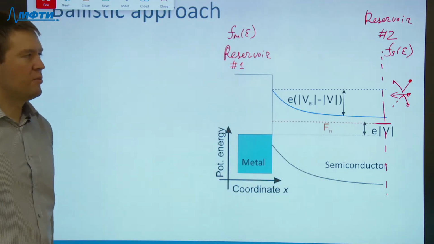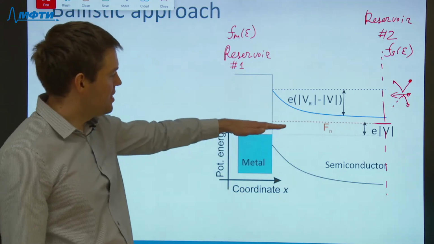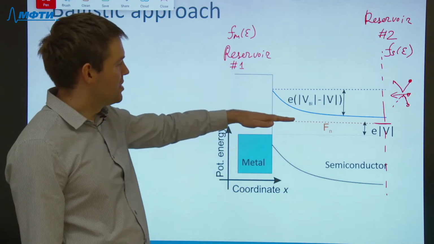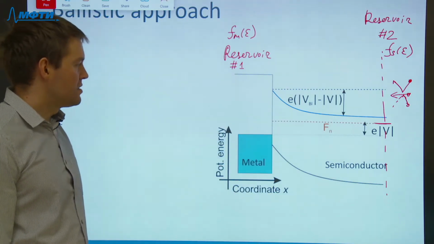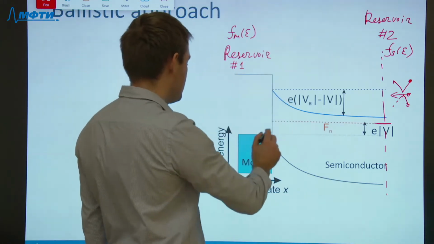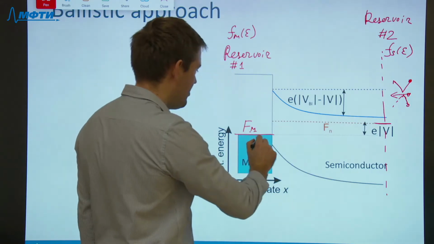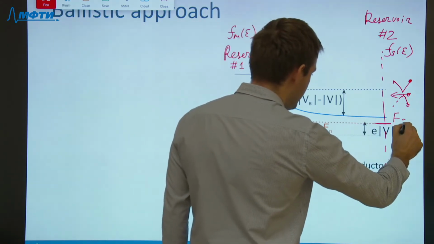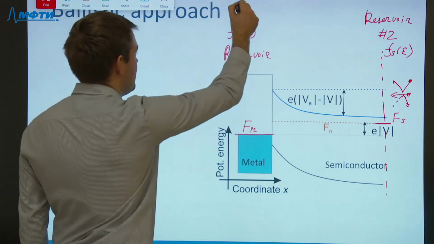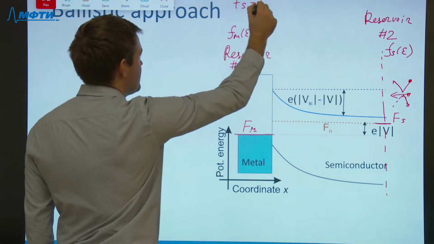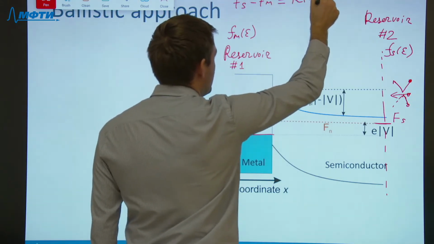The only thing we know about these distribution functions is that the Fermi levels are shifted by the amount of eV. So the Fermi level in metal and Fermi level deep in semiconductor differ from each other by the value of applied voltage. Fs minus Fm equals e modulus V.